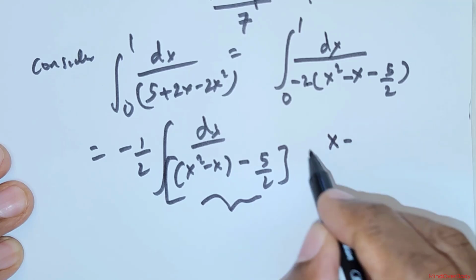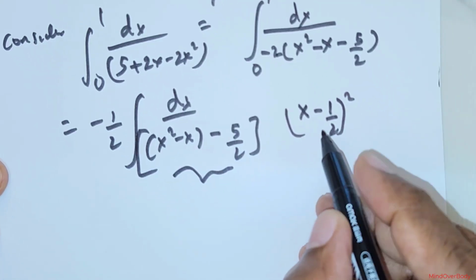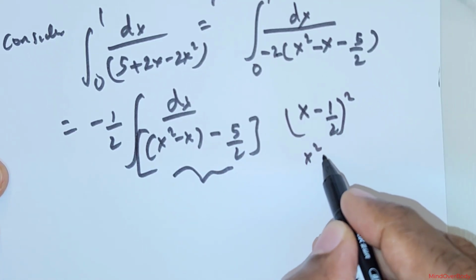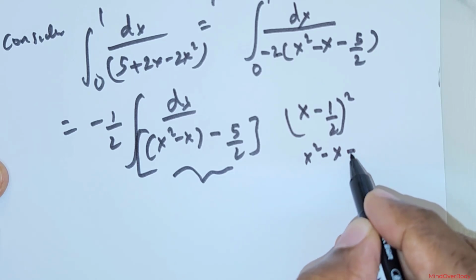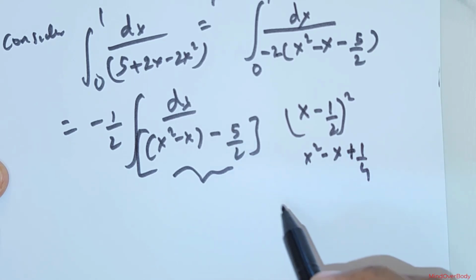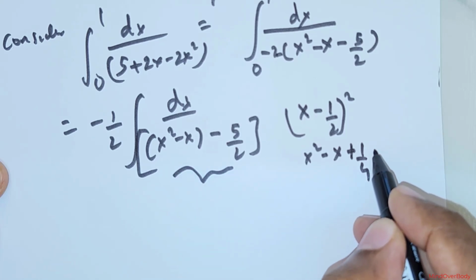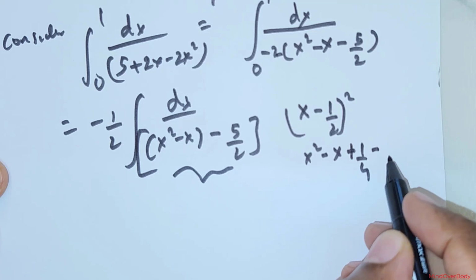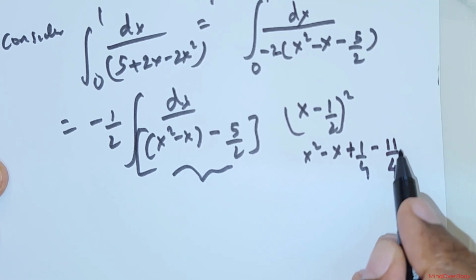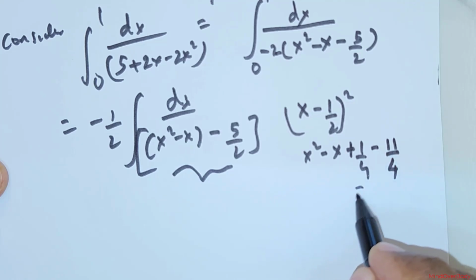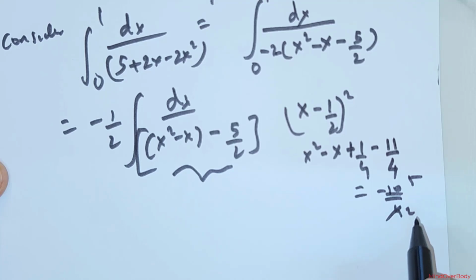So can I write it like this? (x - 1/2) whole squared. This would give me x² - x + 1/4, but I need a -5/2. So what I would do is subtract 11/4, because if I were to do that, I would get -10/4. 2 divides here 2 times, 2 divides here 5 times.